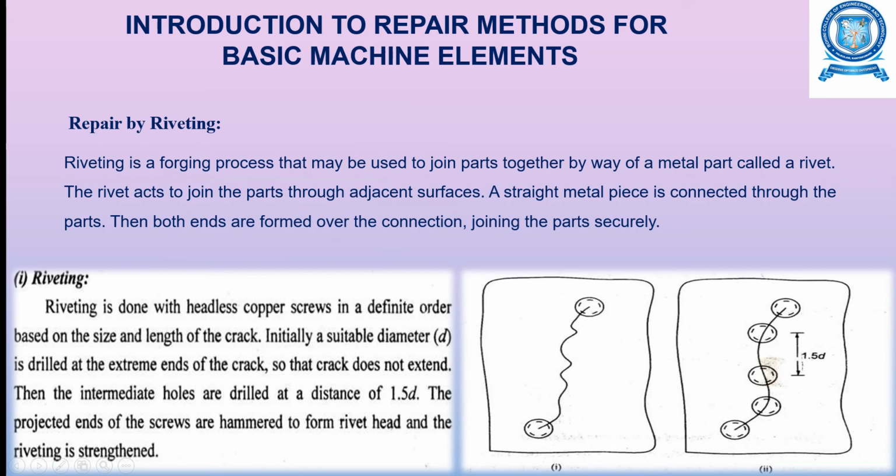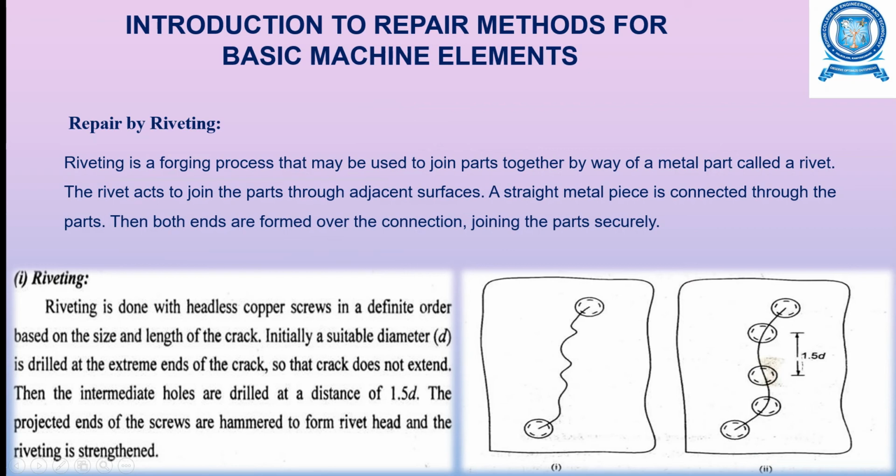So you have to drill a hole of suitable diameter at the extreme ends of the crack. That is the first figure, so that the crack does not extend. Then intermittent holes.